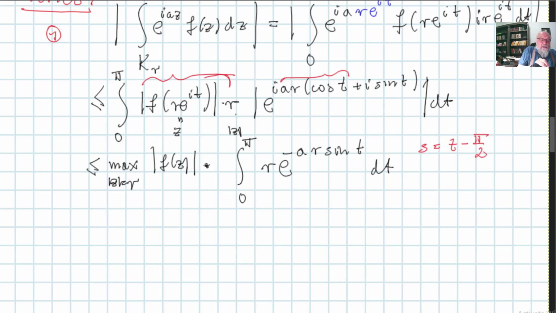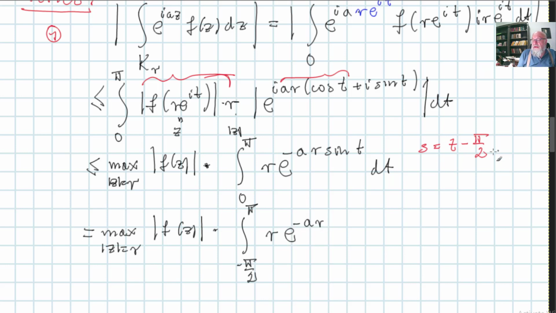This integral becomes, again an inequality, the maximum of the absolute value of f(z) for |z| equal to r, times the integral from minus pi over 2 to pi over 2 of r e^{-ar cos t} dt. And now I see this is an even function.